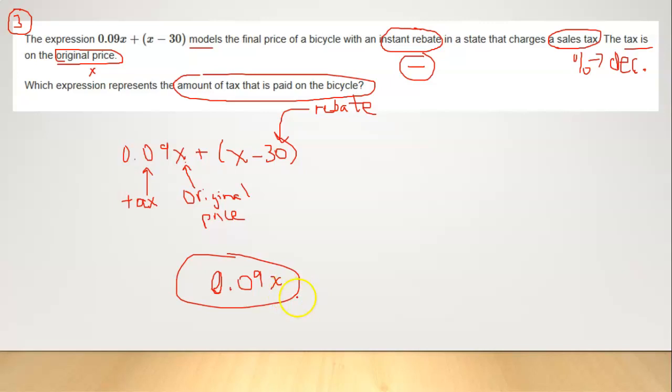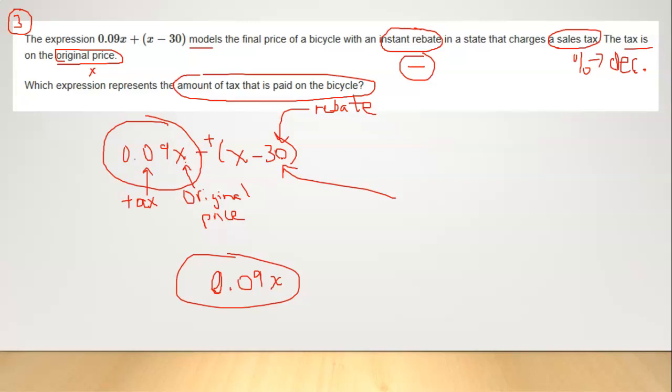So it looks like in this example, they are taxing the price before taking the rebate. See that? It's totally separate. They're going to charge you tax on the entire original price, and then they're going to add in whatever's left once you have the rebate from the original price.